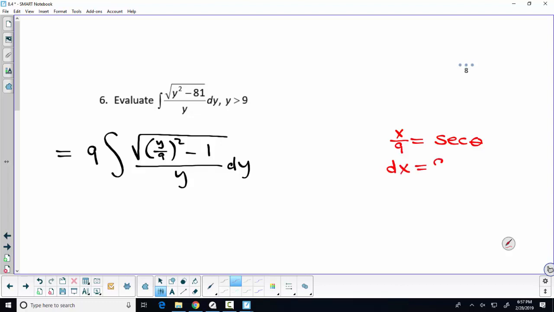dy is 9 secant tangent d theta. Yeah, y over 9, sorry.